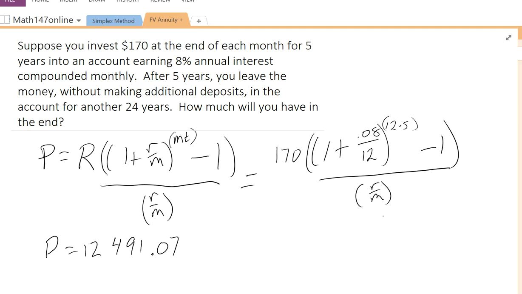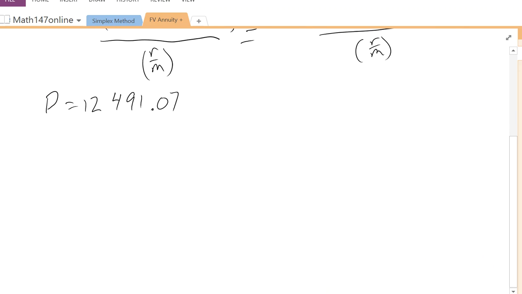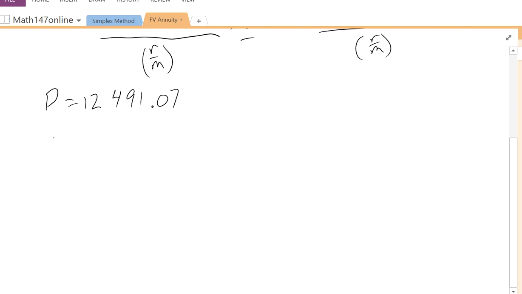All right. And then what I want to do is use that as the starting value in just a standard compound interest problem. So A equals P times 1 plus r over m to the mt. That's the formula we use for compound interest when we're only starting with a single dollar amount.